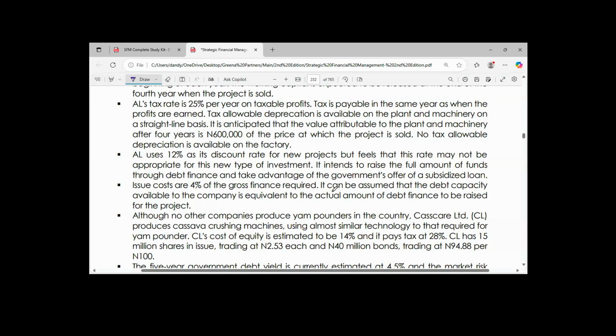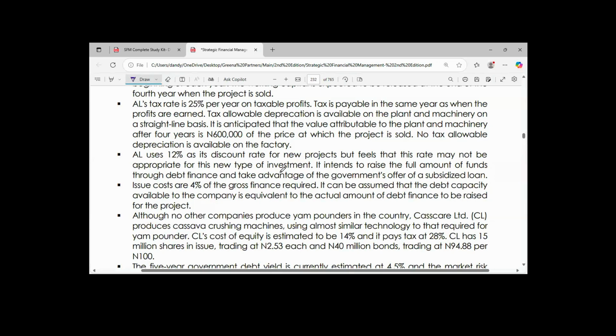Cascare Limited (CL) produces cassava crushing machines using almost similar technology to that required for yam powder. CL's cost of equity is estimated to be 14% and it pays tax at 28%.